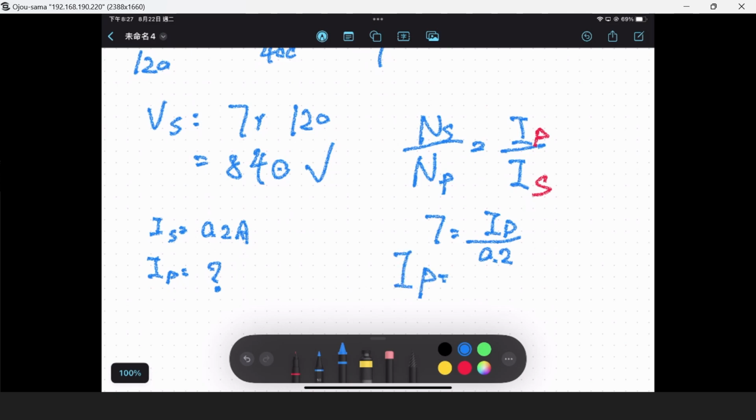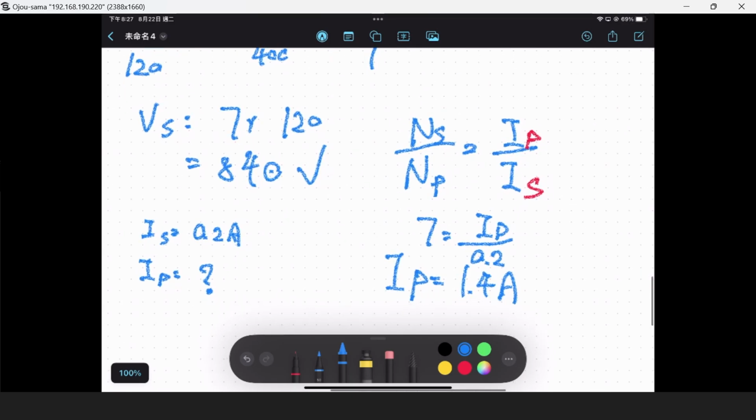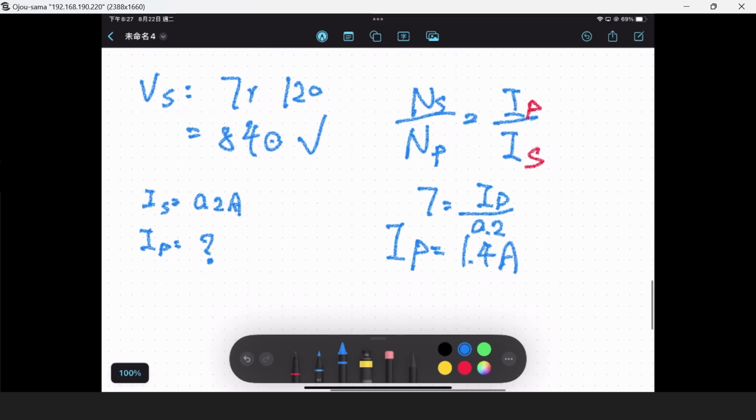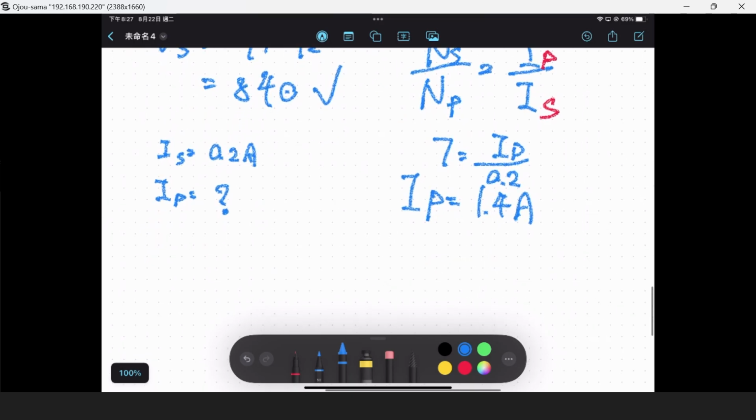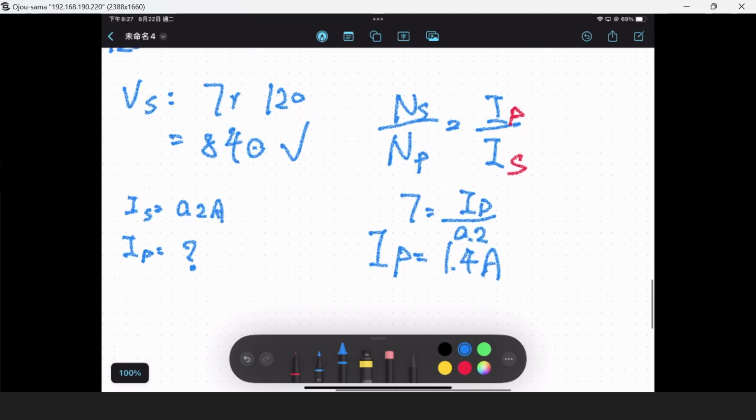So Ip becomes 1.48. The primary is 1.48. So when the current in the circuit is 1.4 and it goes through a step up transformer, the current goes down, but the voltage goes up. So you can do it in this way.